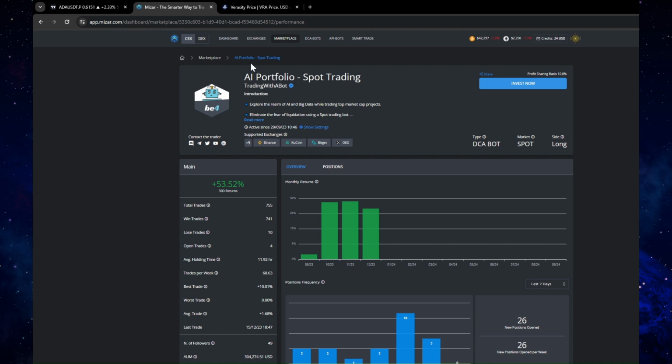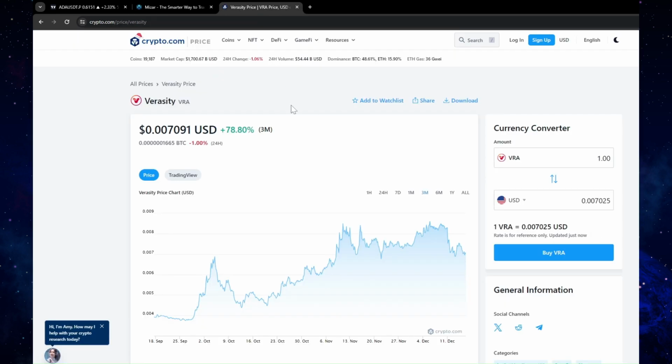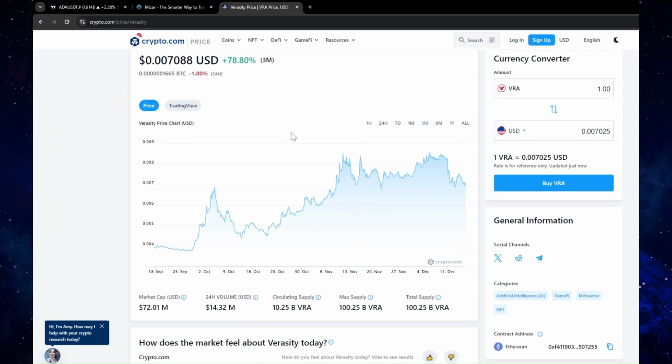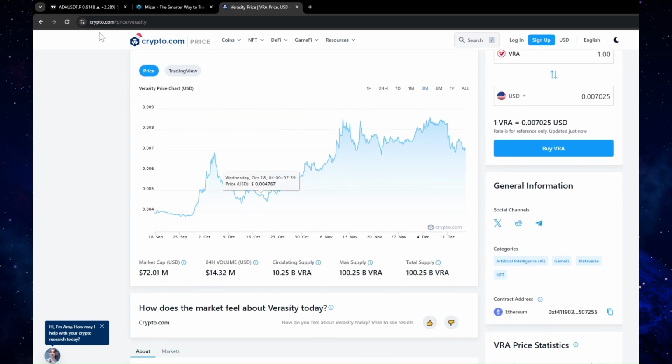So one of the tokens, for example, I have open on my screen is VRA, Veracity, and on crypto.com and a few other websites that give you an overview of cryptocurrency tokens, you could read more about the projects.